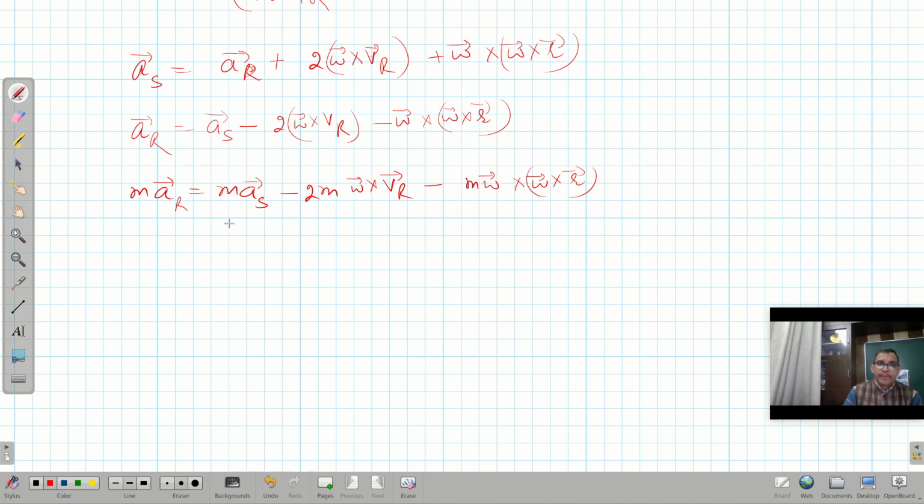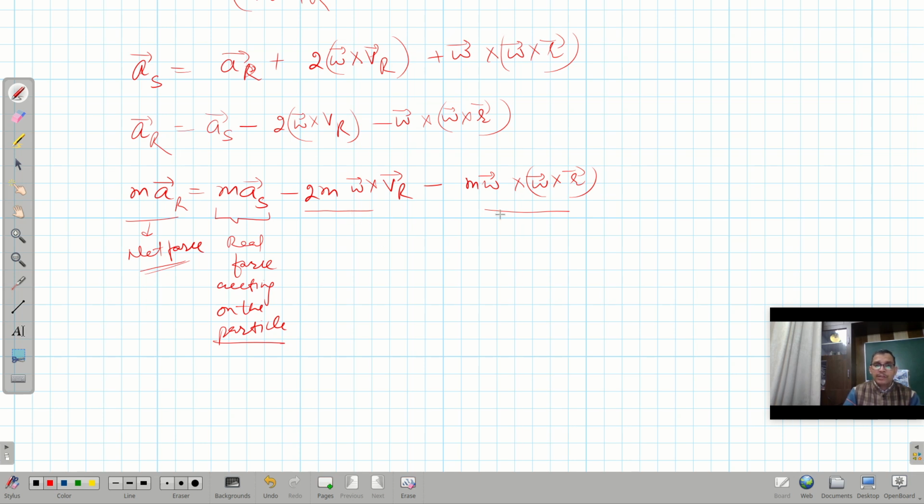Here, this is the real force acting on the particle in the stationary frame, and this is the net force acting on the particle when it is in the rotating frame of reference, and these are the two additional components acting on it.